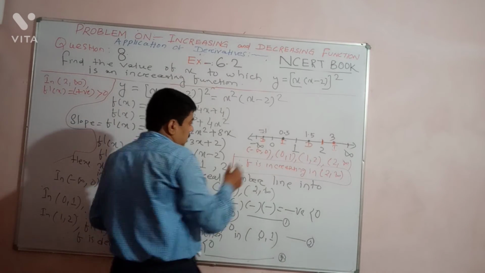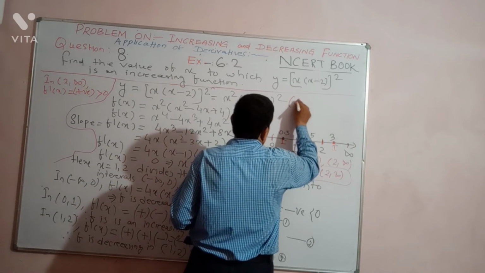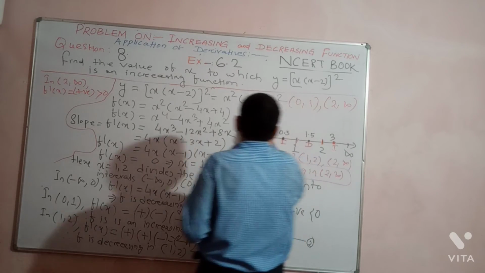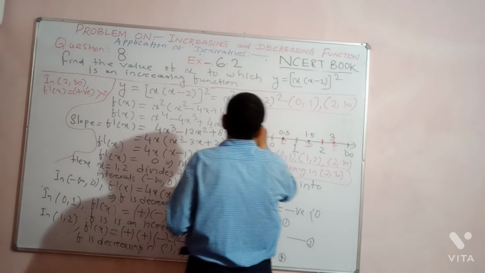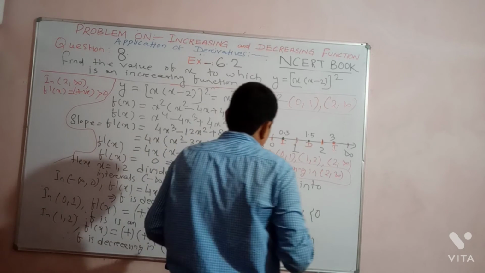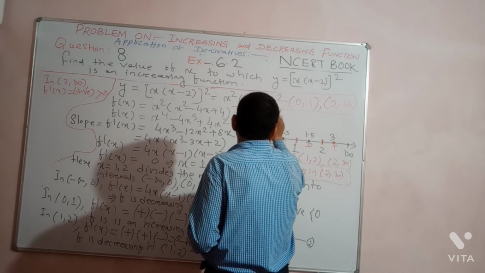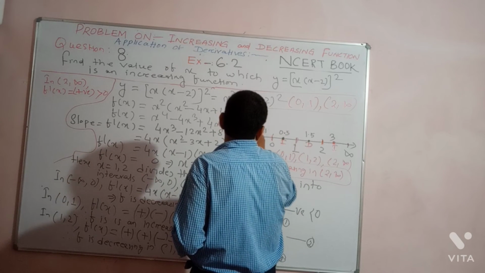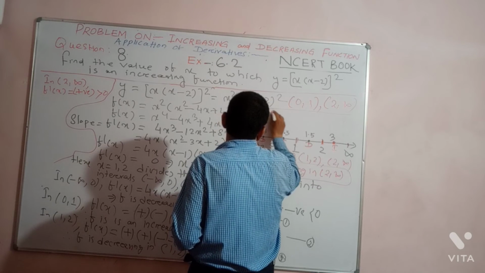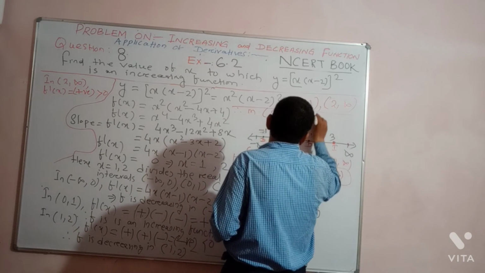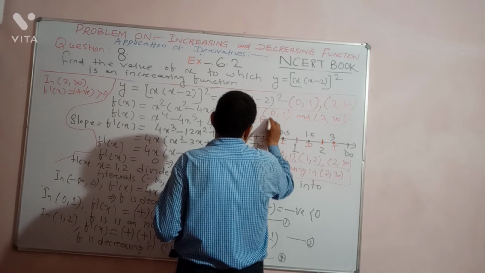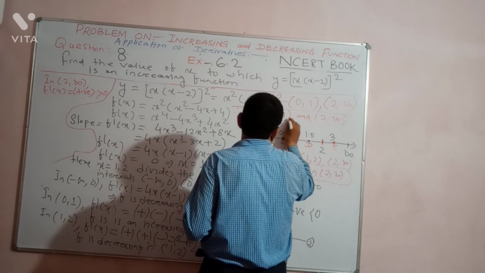You see, in the interval 0 to 1 the function is increasing, and in 2 to infinity it is also increasing. Hence, in the intervals 0 to 1 and 2 to infinity, the given function f is increasing.